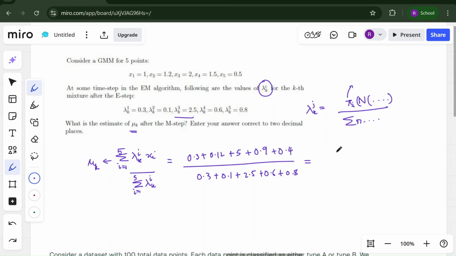And the final answer is 5.82. Anyway, this is the answer.